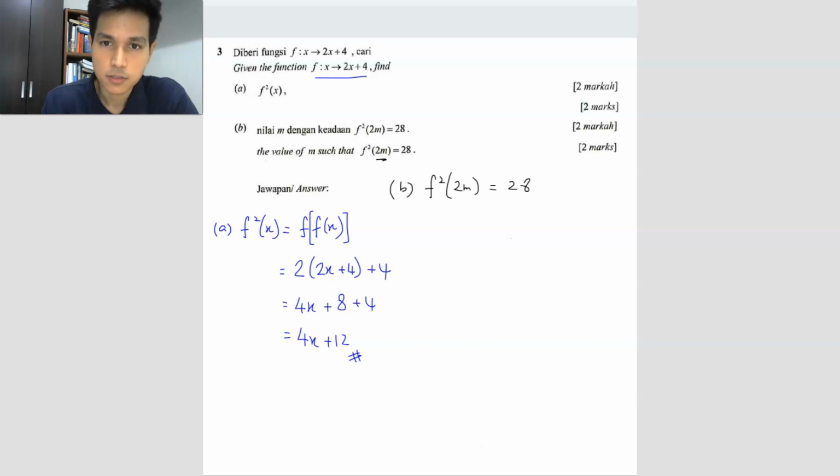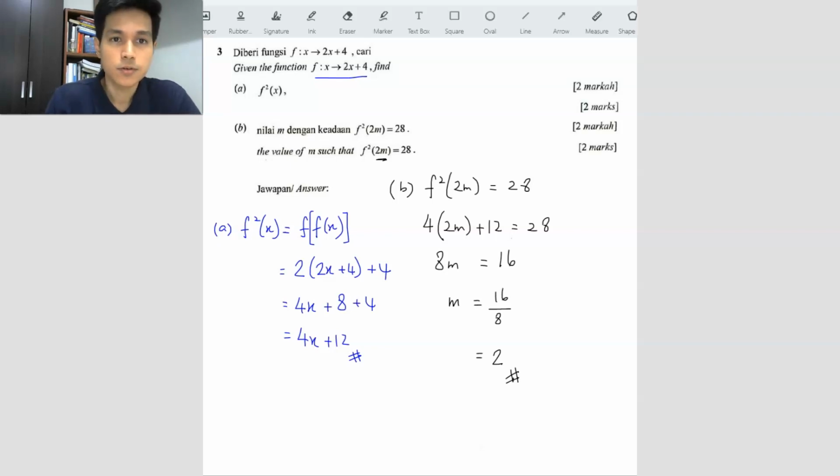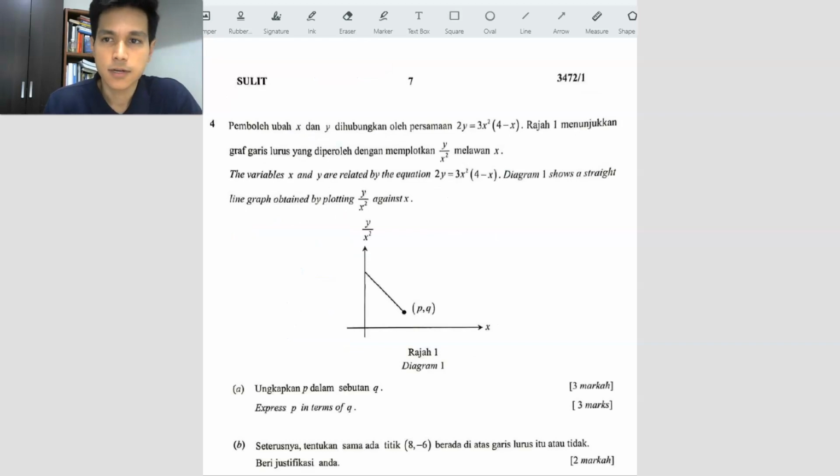Therefore this becomes 4 times 2m plus 12 equals 28. So 8m equals, 12 I bring it over, 28 minus 12 you get 16. So m equals 16 over 8, which is 2. So your answer is 2, right? Alright, next.